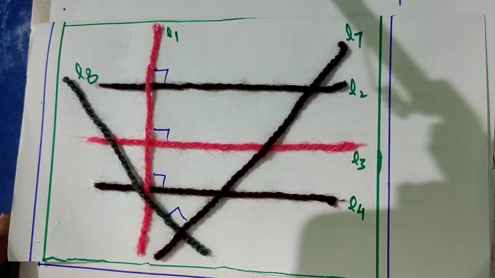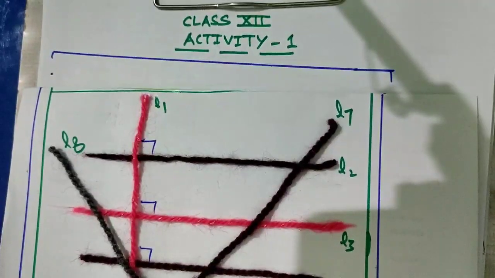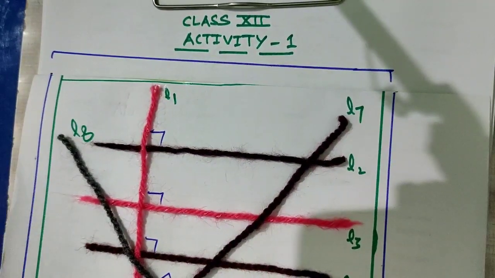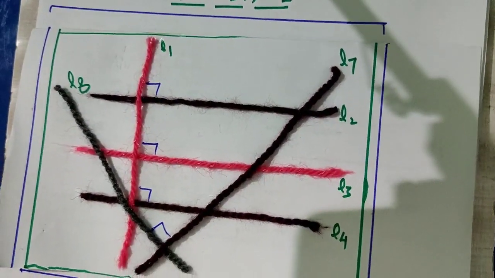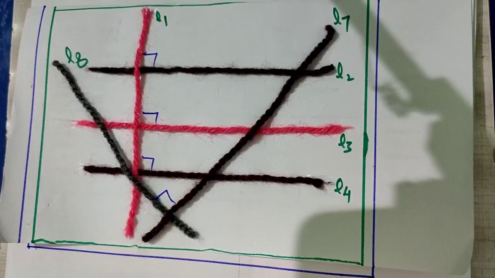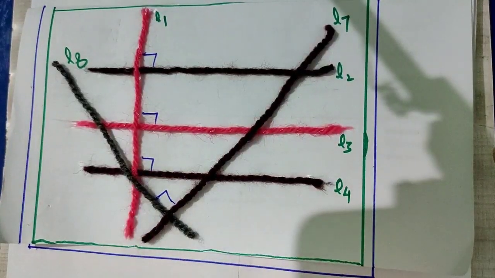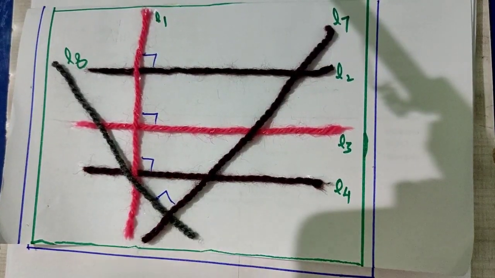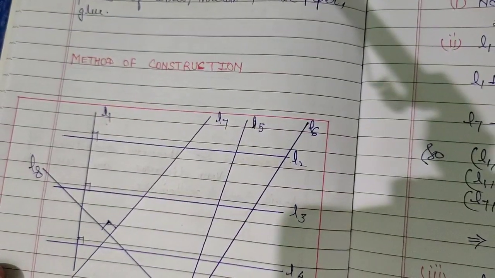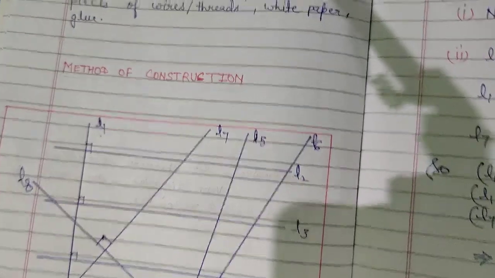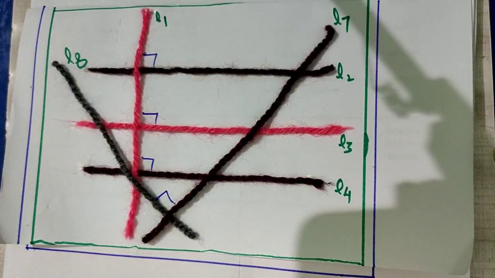As you can see, I have made it for you, class 12th activity first. This is similar to what I have made here in the method of construction part.